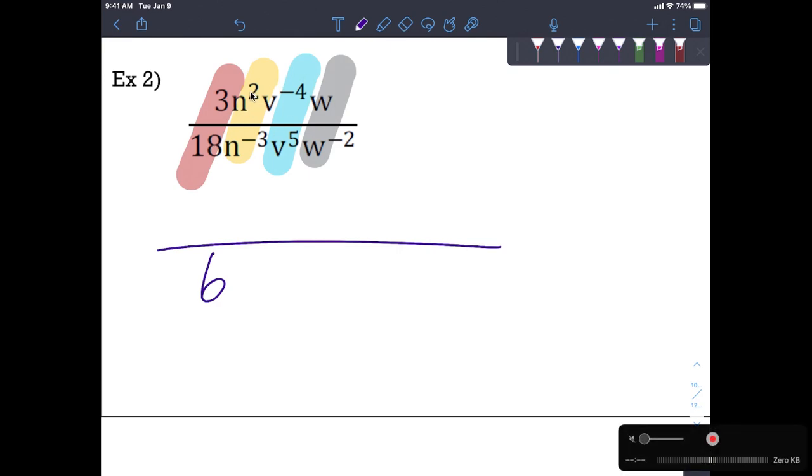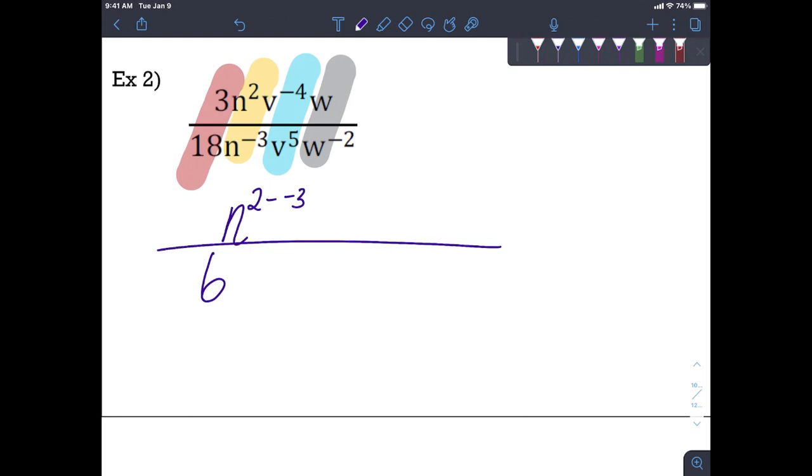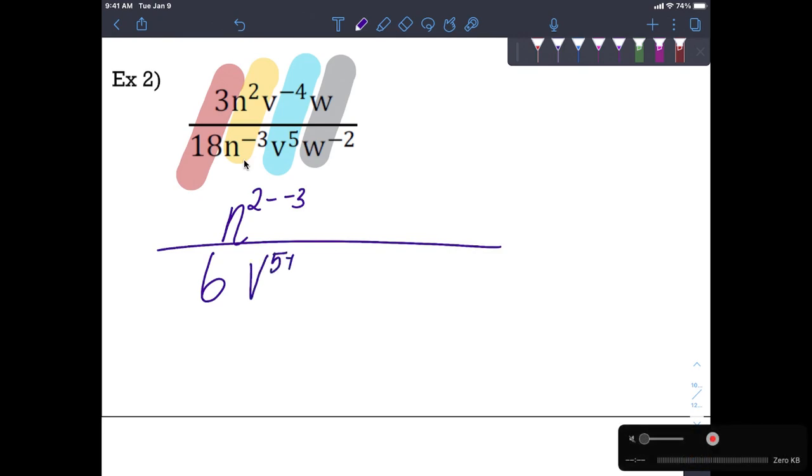Now I look at this, n squared divided by n to the power of negative 3, v to the power of negative 4 divided by v to the power of positive 5. Noticing that I'm switching out my negatives, okay?